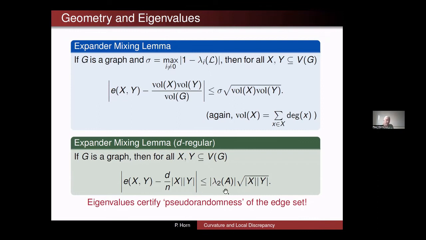But again, this can kind of be extended to all graphs using the normalized Laplacian. So it's one of the important parts of the spectrum of this graph, or the spectrum of these matrices, is that they're telling you something about the pseudo-random properties of your graph.